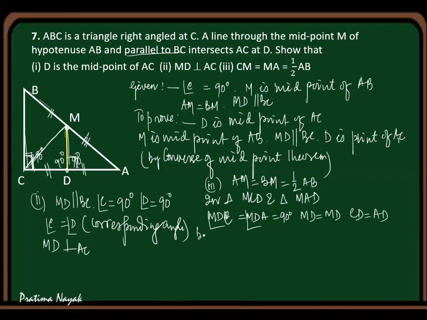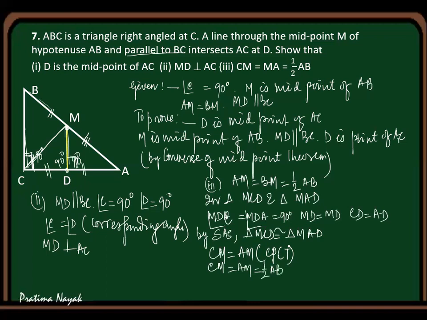So by what? SAS. Triangle MCD is congruent to triangle MAD. So when it is congruent, I can write CM is equal to AM by CPCT. So CM is equal to AM is equal to half of AB. All the parts are proved.